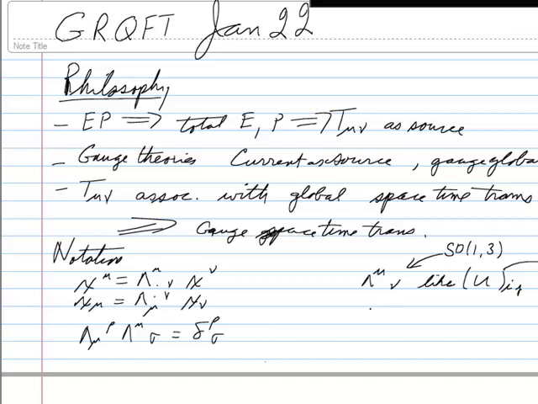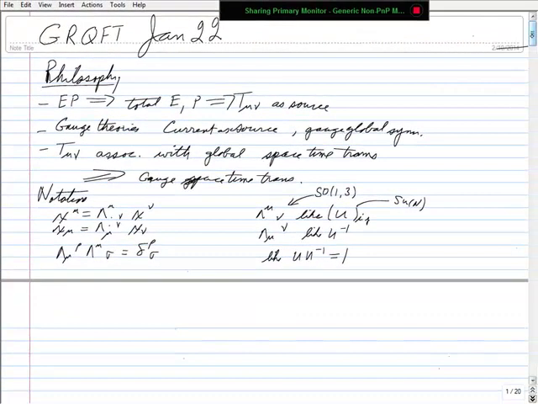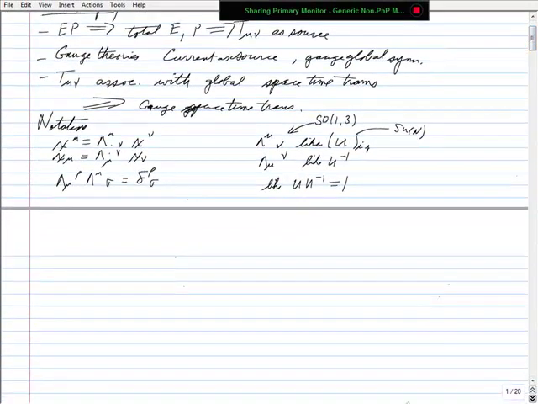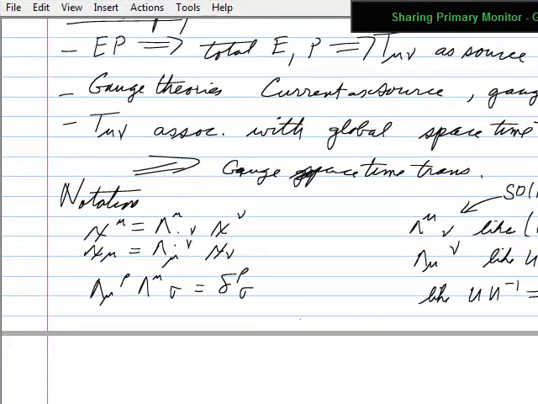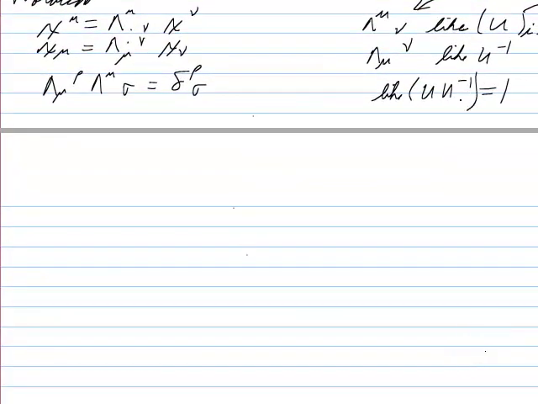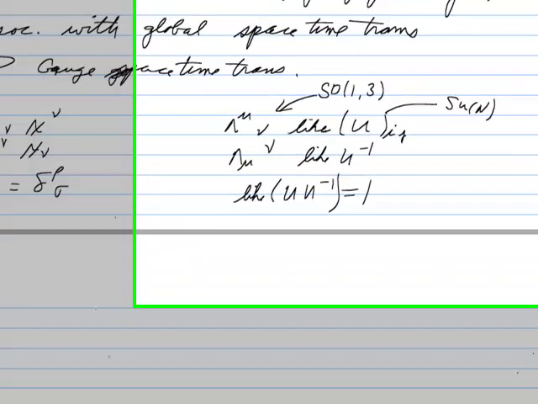So lambda mu nu with the indices reversed is like U minus 1, and this is like U minus 1 U equals 1 as a matrix identity. So even though we're keeping the indices explicit, there's no great implicit way here yet. It's basically just types of transformations like we do in SU(N).